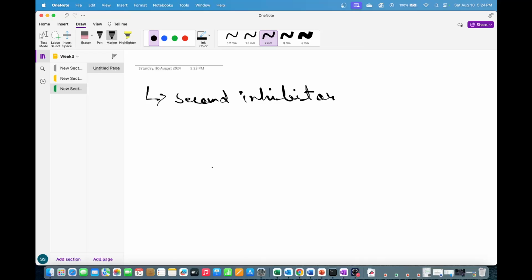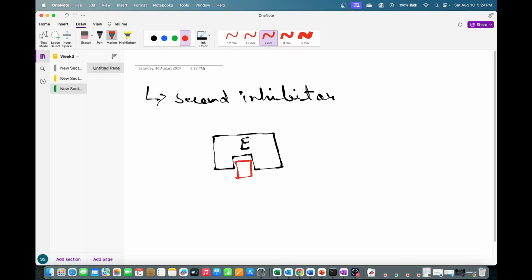Let me show you. Let's draw a schematic. Say this is your enzyme, and this is your substrate, and this is what is known as the competitive inhibitor.